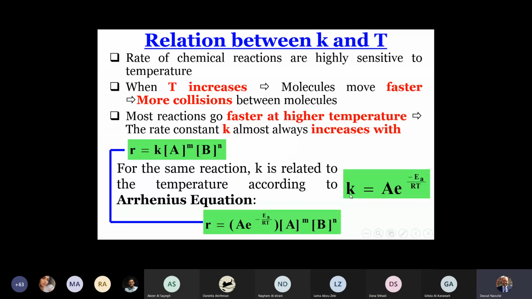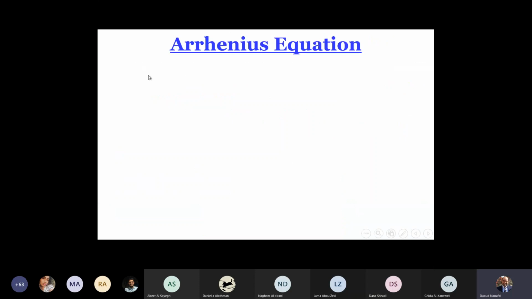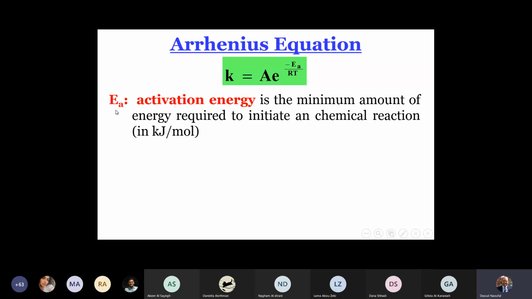I will pass to the explanation of the Arrhenius equation. According to the Arrhenius equation, k equals A e to the power minus Ea divided by RT. What is Ea? Ea is the activation energy of the reaction.